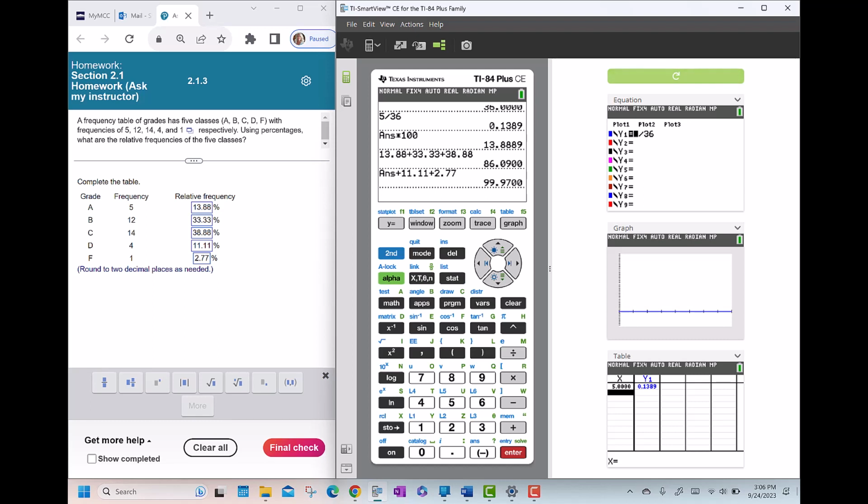But in this case, if you just do it the way the calculator gives it to you, if I have 0.1389 and 0.3333 plus 0.3889 plus 0.1111 plus 0.0278, they add up to 1. Alright, so I'm more confident in these numbers than in these numbers. All right, so I hope that helps.